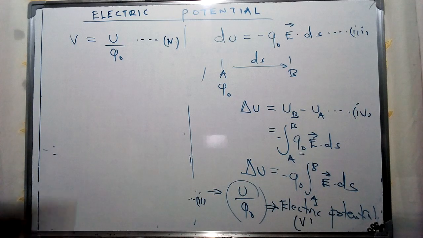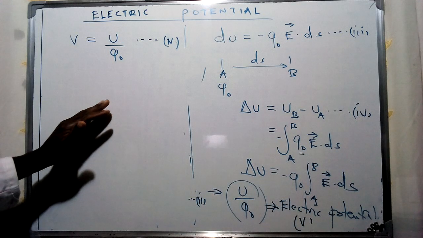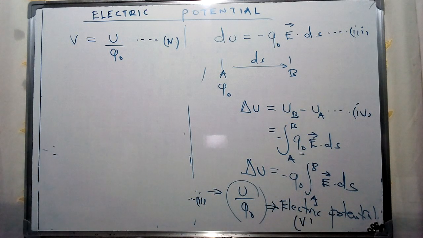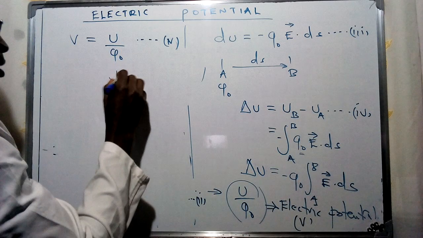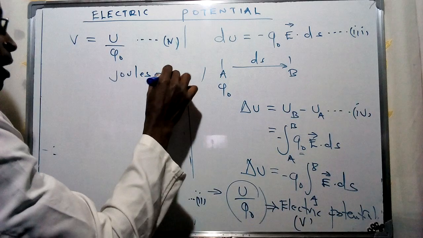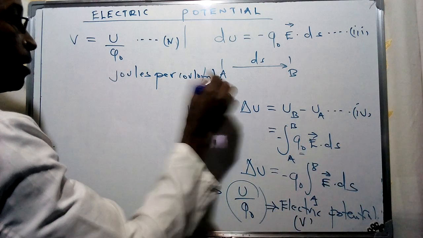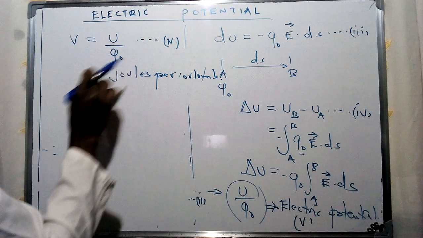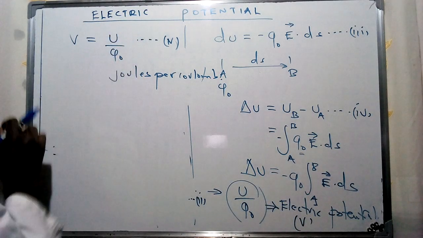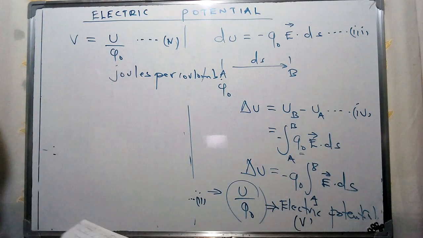Now, the electric potential, which is the work done per unit charge, can be given using the standard units of joules per Coulomb. The dimension for this one is joules in terms of energy, and then the charge is given in terms of a Coulomb.